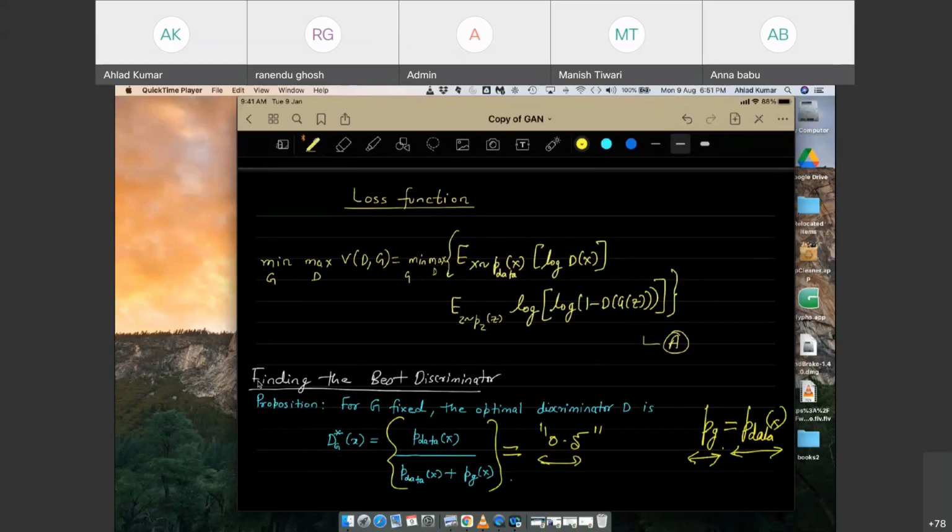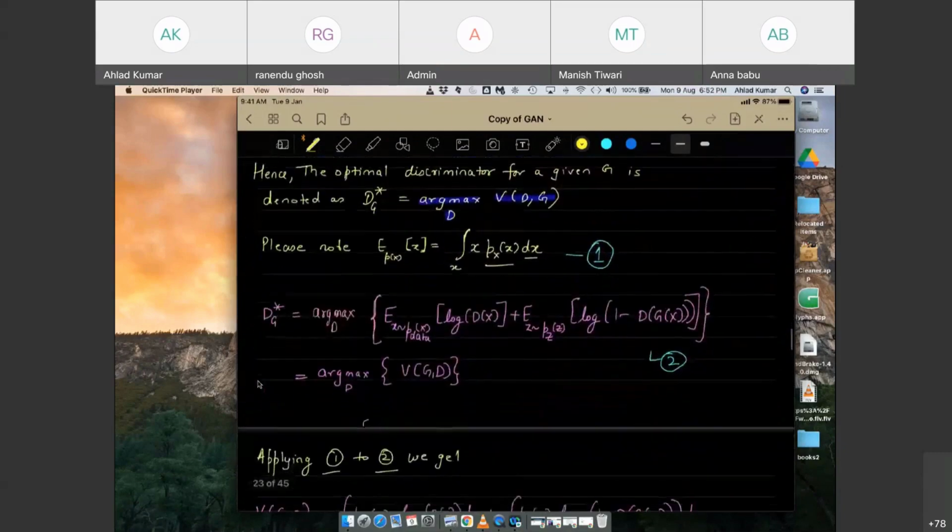So this is what I was telling you, that when the optimal discriminator gives a value of 0.5, it means your generator is successful in generating images which are as close as possible to the real images, and the distribution PG will exactly match the actual unknown distribution P data of X. So this is basically the 0.5, which is the final answer for this.